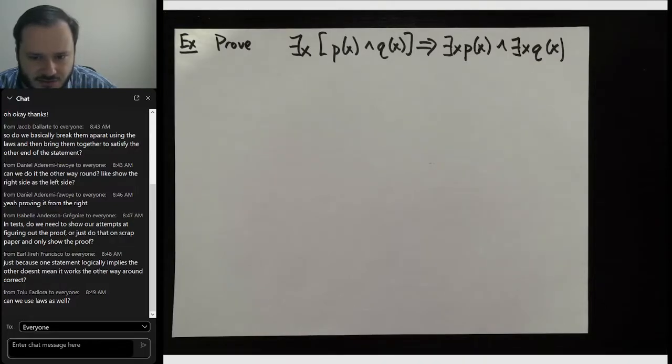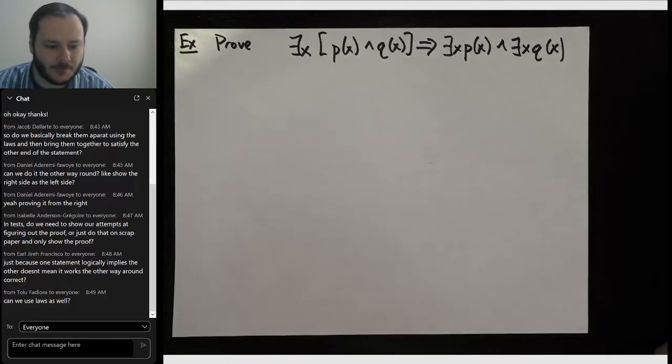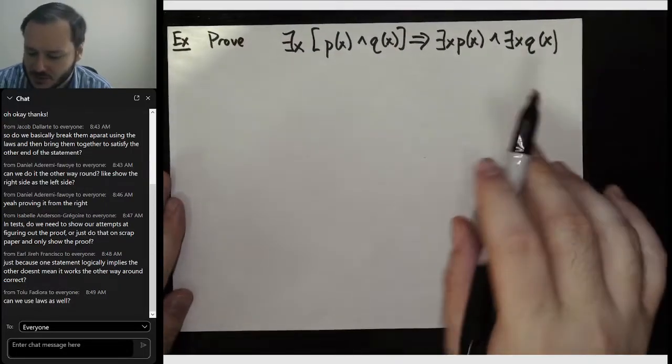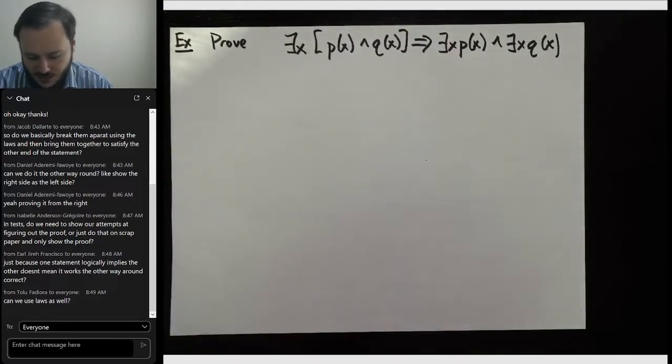This was off script as well, but it was a good question, so I wanted to go into it. Looks like we don't name it, but I would call it something like rule of existential quantifier or something. You would prove this, but this is not true the other way around.